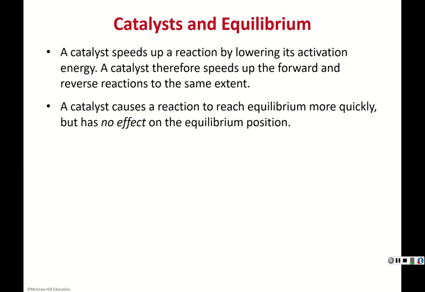Because of that, they're not changing the overall free energy change of the reaction. They're just making this barrier a little bit lower. That makes it lower for the forward reaction, but it also makes it lower for the reverse reaction. Again, they have no effect on overall thermodynamics. They just speed things up.